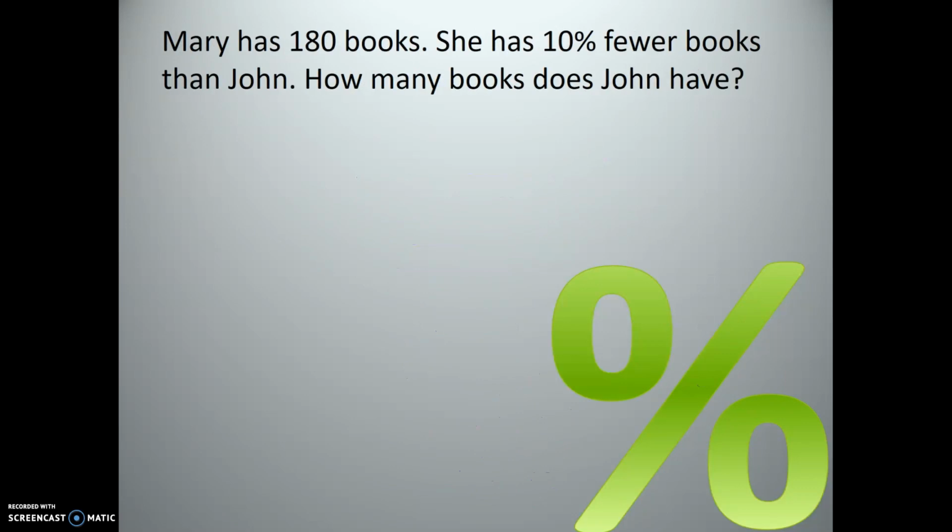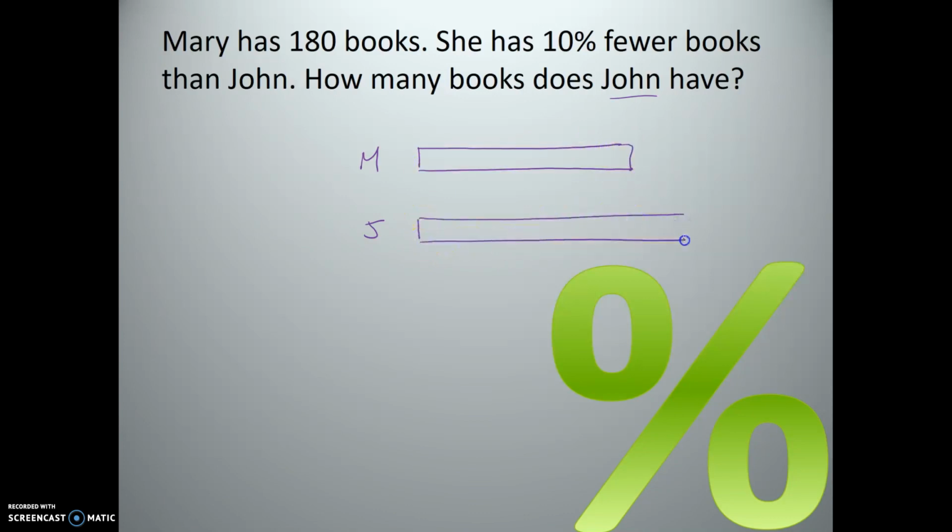Okay, Mary has 180 books. She has 10% fewer books than John. How many books does John have? If we're going to solve for John, we'll let John have 100%. Let's give Mary a graph like that. Since she has 10% fewer, let's give John a slightly larger graph, but she has 180 books.